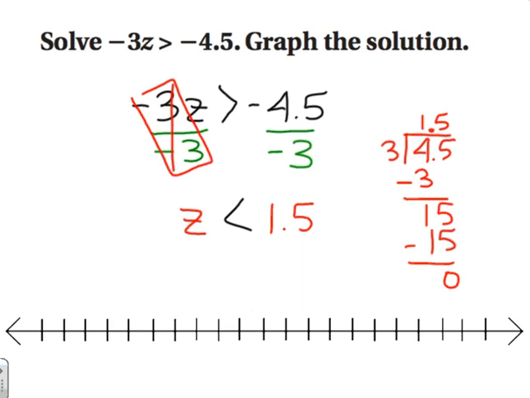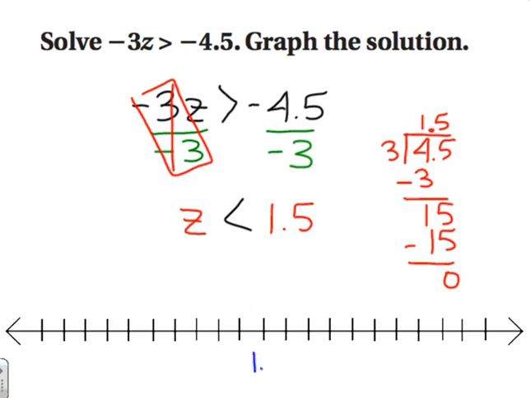Okay, and we had to flip it based on what we saw back at the beginning, where it was no longer a true statement if we didn't flip the sign. So we're going to graph the inequality z is less than 1 and 5/10. I could count by, maybe I'll count by 5/10. You could also count by 1/10 if you want.